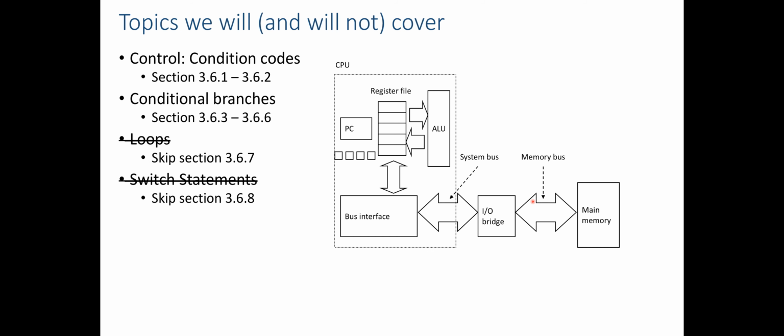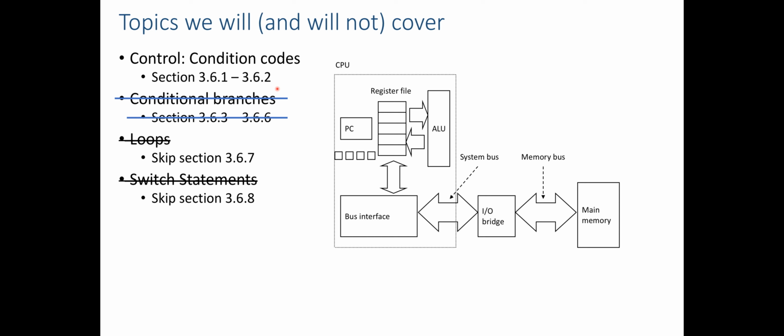Now this particular presentation really has to do with simply sections 3.6.1 and 3.6.2 in your text. And we're actually going to skip 3.6.3 through 3.6.6, which do explain a little bit more about if statements, but we're going to skip that this time.